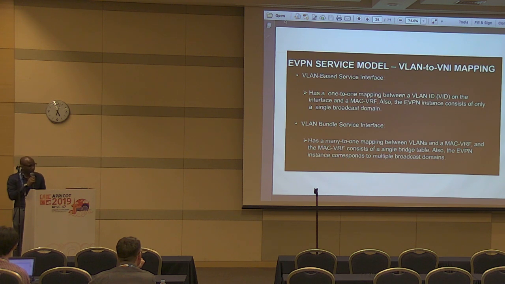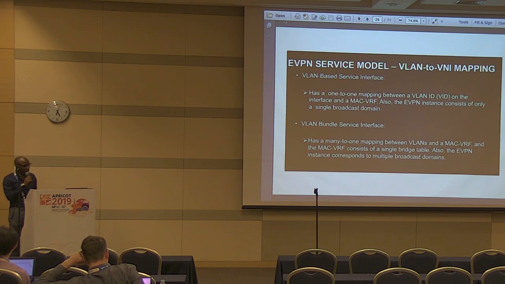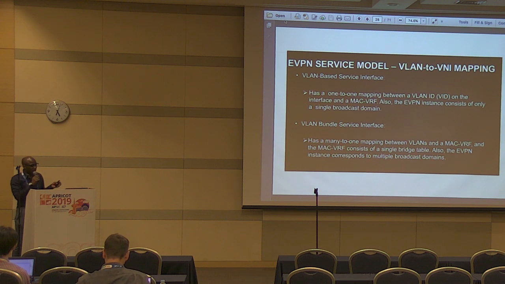The VLAN bundle service, as I've mentioned, is not widely implemented, and has a many-to-one mapping between VLAN and a MAC VRF. The MAC VRF consists of a single bridge table, and the EVPN instance, the EVI, corresponds to multiple broadcast domains.